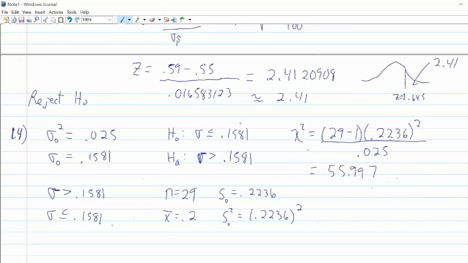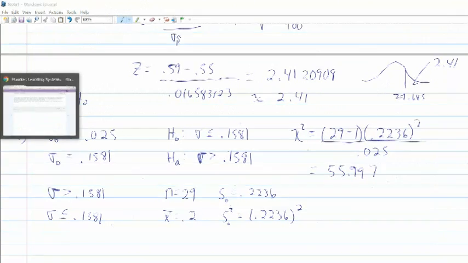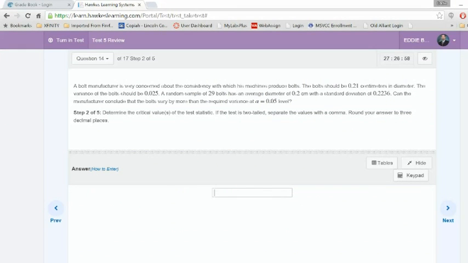If you pull out your formula sheet, the chi-square distribution is table G, as in gamma. It is from table G.